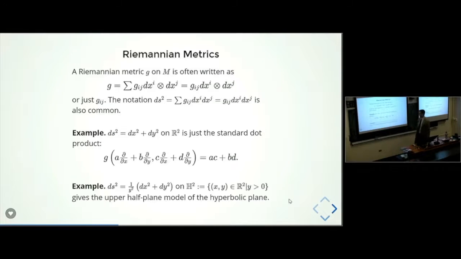All right, here's a different Riemannian metric. So now I'm taking just the upper half plane, so the y coordinate is supposed to be positive, and I'm defining, again, this is really just telling me what the inner products of some basis vectors are.